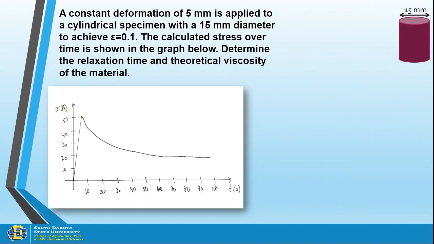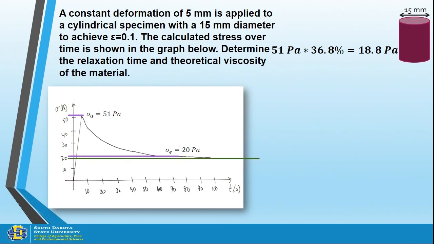So you start with the initial stress from the stress relaxation curve, 51 Pascal. Then you go to the equilibrium stress, which is 20 Pascal, and from here you go back to 51 Pascal times 36.8%. So you get 18.8 Pascal.